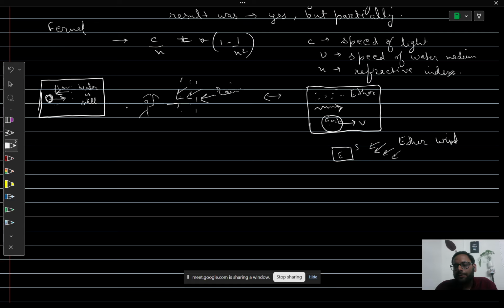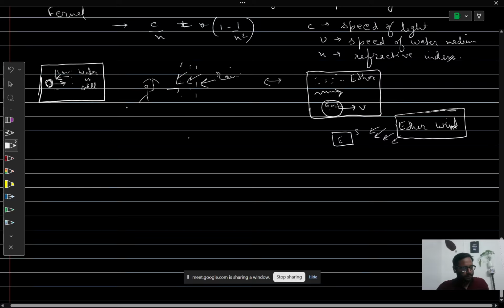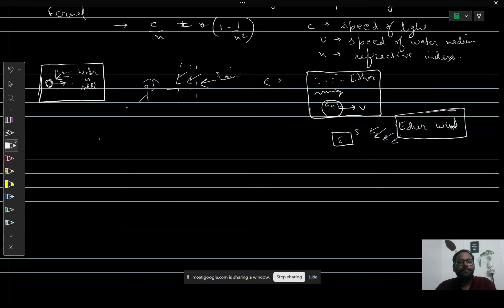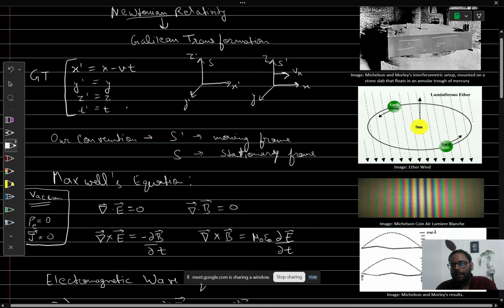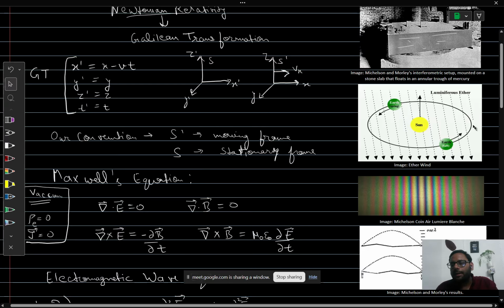So for us, the Earth is at rest, so we will experience this ether as an ether wind. Let's now do some calculation. This was the diagram for it. Our Earth is doing an orbital motion around the Sun, and due to this motion, you will feel some kind of ether wind.